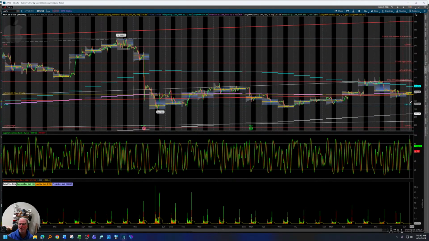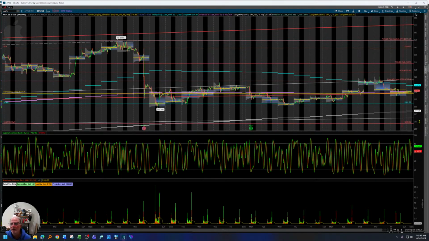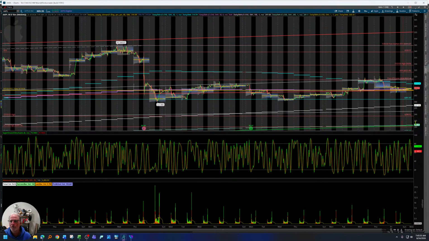So I would not be surprised if you did try to flush back down to that 301.97 level and hold that. If you lose it, 297.08 is a 100-day moving average. And then I've got this longer-term regressional trend line sitting here from October of last year, sitting at 292.25. And then this 288.62 is a high from December of last year. This would be an ideal pullback if you get that flush, right?